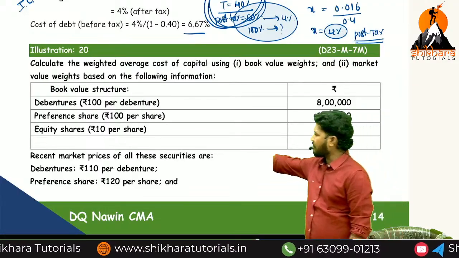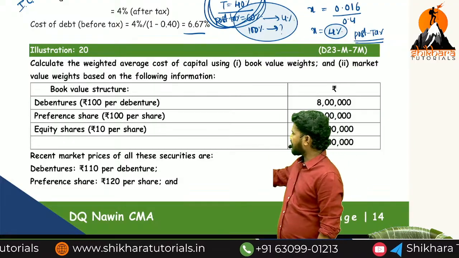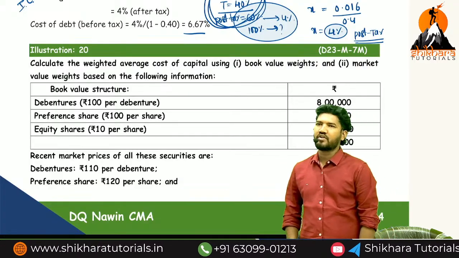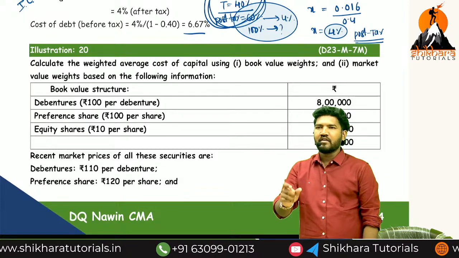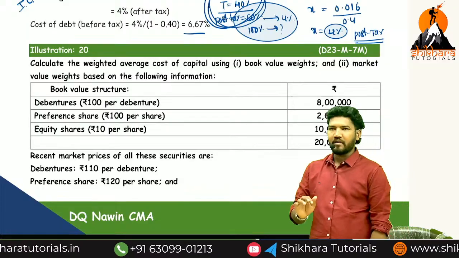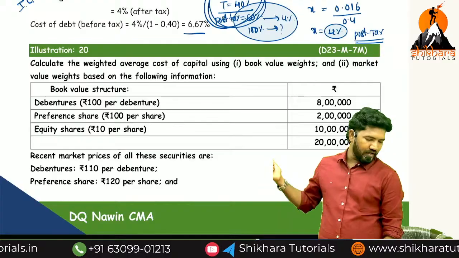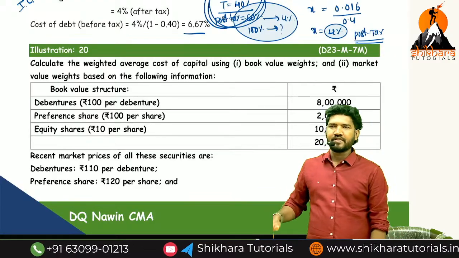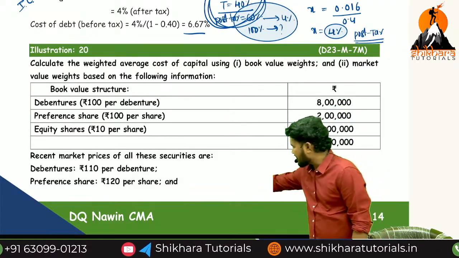For example, if they have not provided 100 rupees and just said preference shares 2 lakh rupees, at that time the assumption is face value equals 100 rupees. For equity shares, assume 10 rupees. For preference shares and debentures, assume 100 rupees. Consider this.